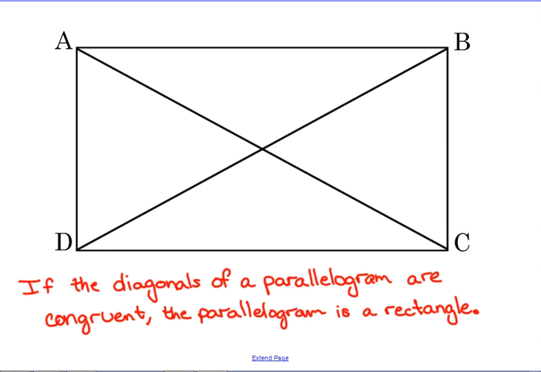So it is a rectangle if the diagonals are congruent. So I see that just being one of those statement questions. It says if the diagonals of a parallelogram are congruent, then the parallelogram is what? And they may say rectangle, rhombus, trapezoid, or I don't know, a square.